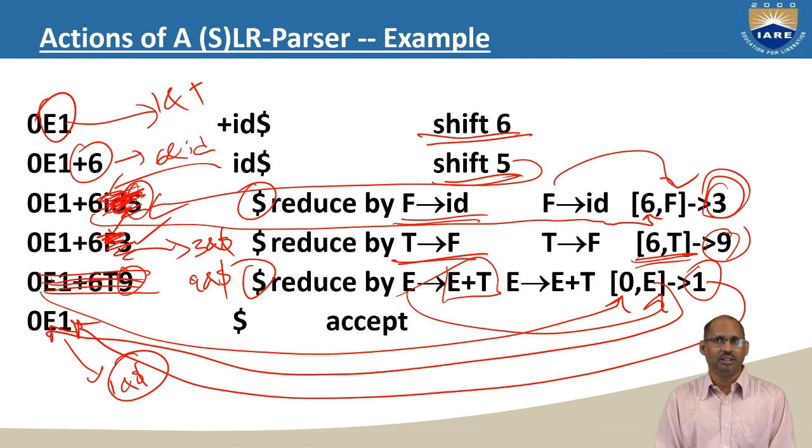One of the efficient bottom-up parsing methods is SLR parsers. In SLR parsers, the first method is simple SLR parser. So now we have seen in this class what SLR parsers are.